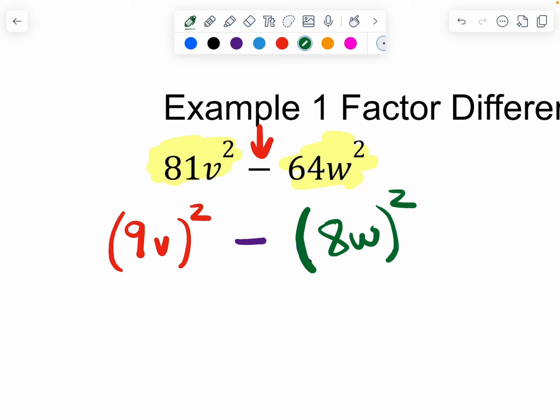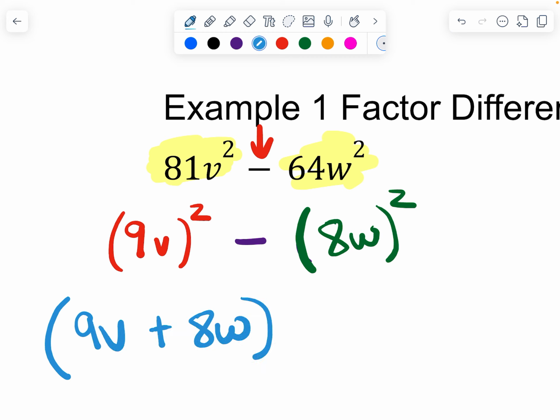So, is the first one a perfect square? Yes. Is the second one a perfect square? Yes. Do they have a minus sign in between? They do. So what you're going to do is take the 9v and the 8w, put one with a plus sign, and one with a minus sign. And there you have it.